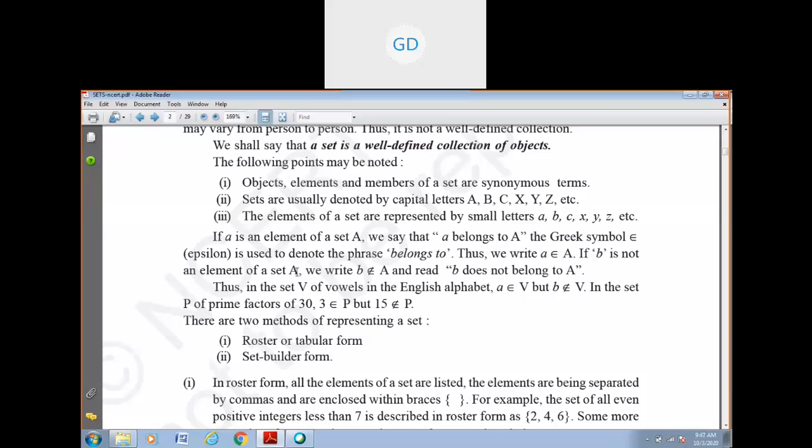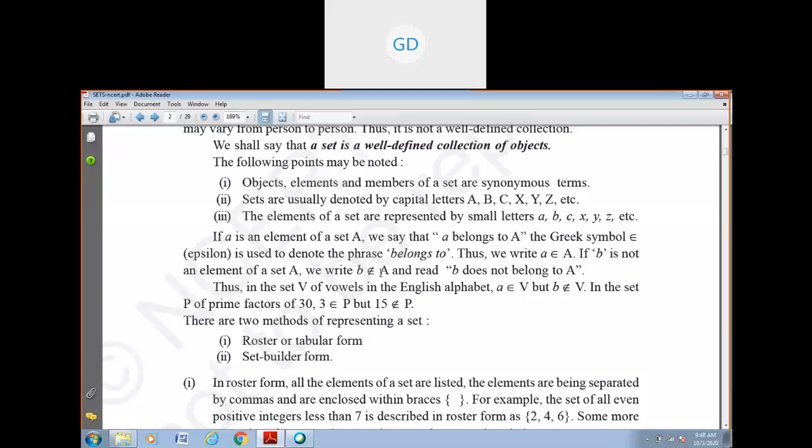If an element is not present in the set A, that means it is not an element of the set A. We read literally that the element does not belong to A. Suppose b is the element which is not belonging to the set A. That is written mathematically like this.